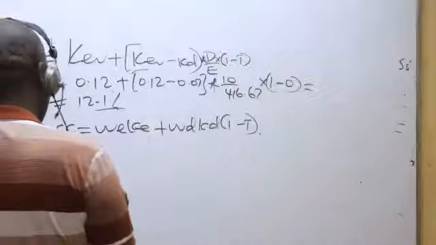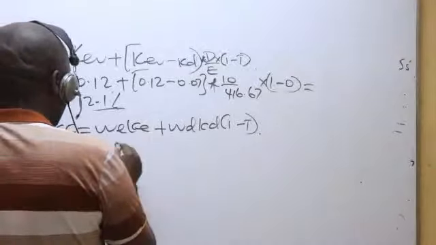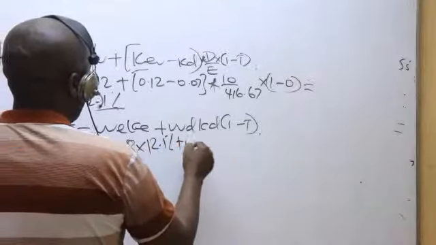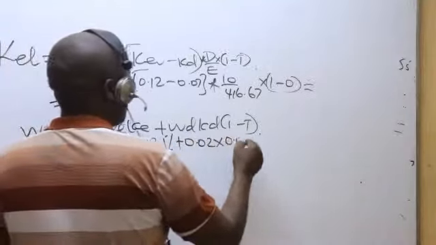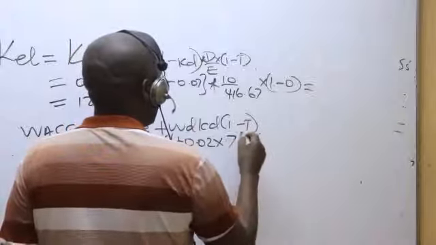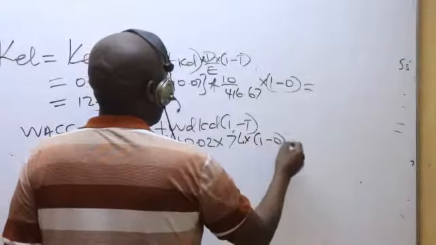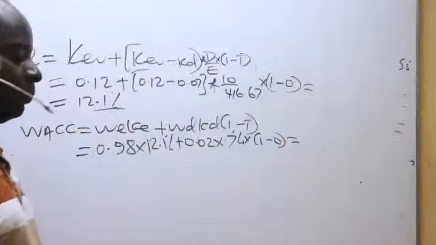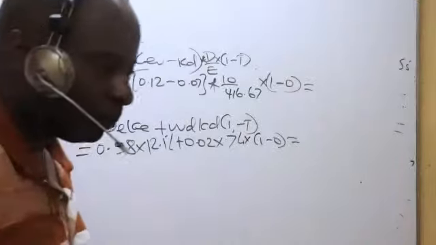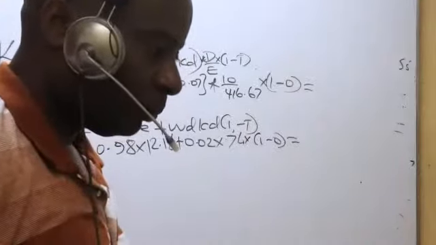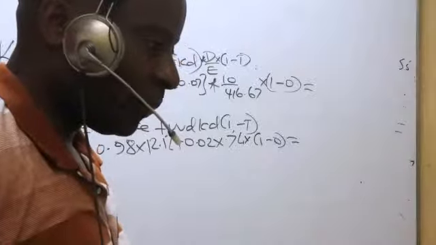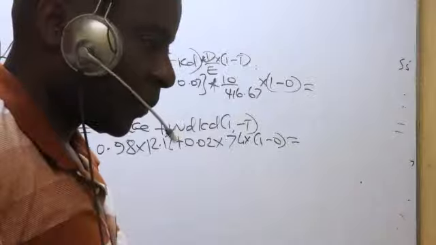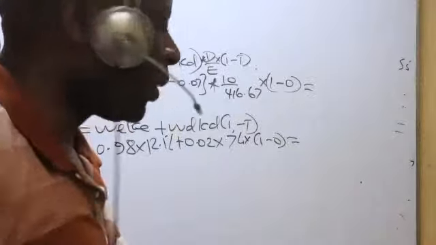So weight of equity, you gave me 0.98 times cost of equity, which is 12.1%. Weight of debt is 0.02 times cost of debt 0.07, that's 7%, times 1 minus 0, which will end up giving me what figure? $12.02.